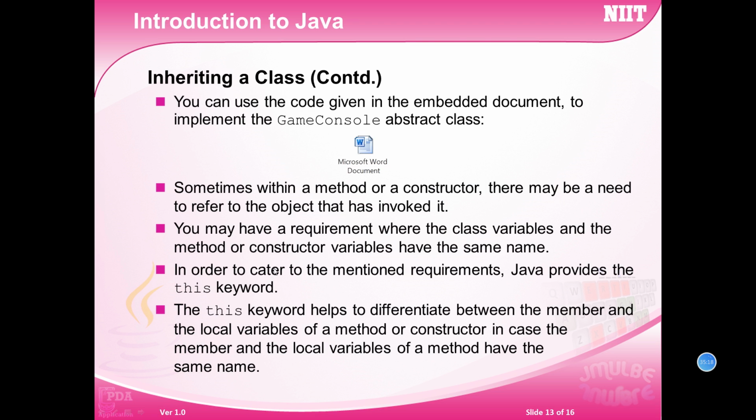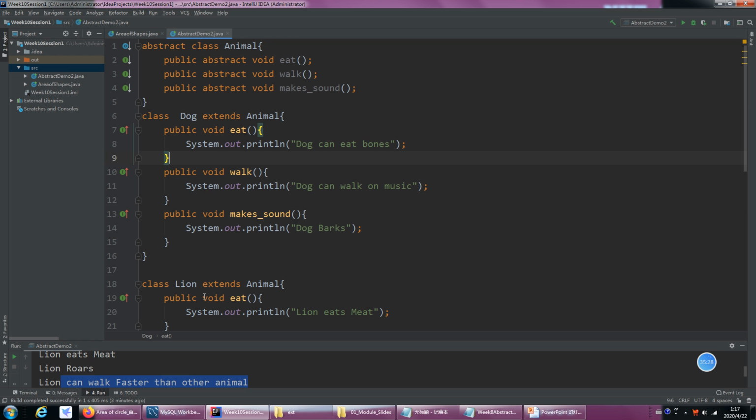So yeah, the this keyword I have already discussed, how to use it and what it is used for. I will explain it one more time over here, so please pay attention. For example, let's take another program here.